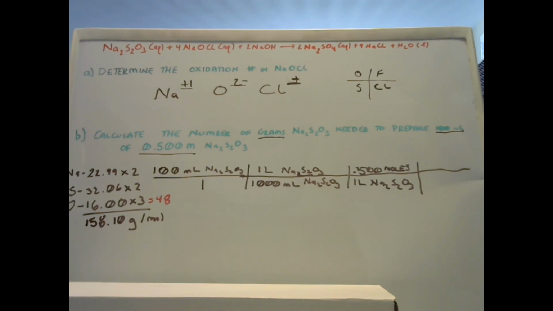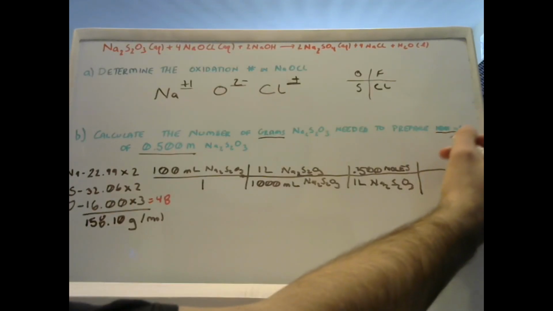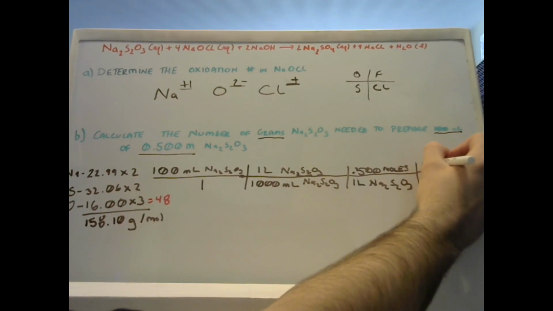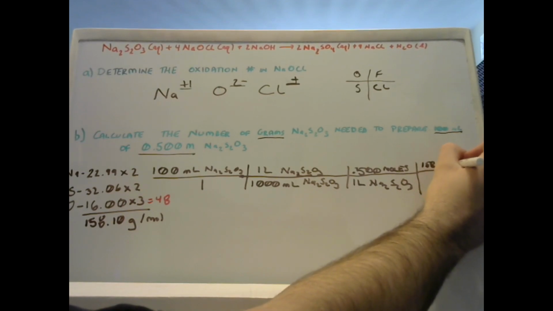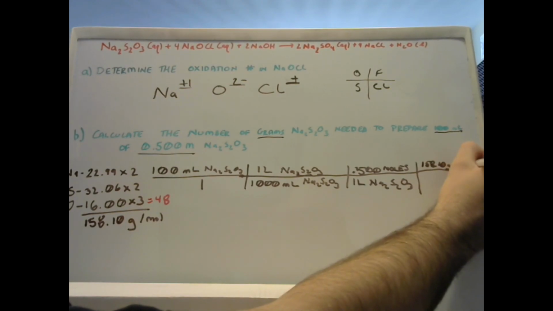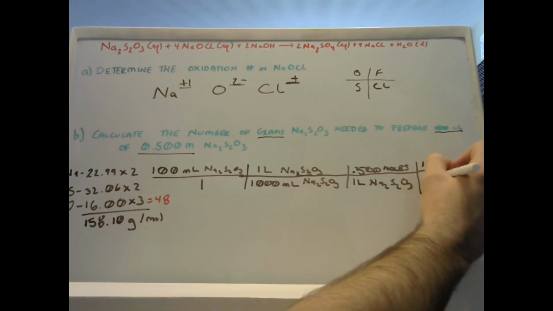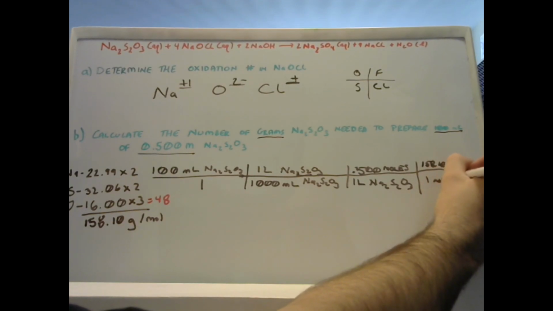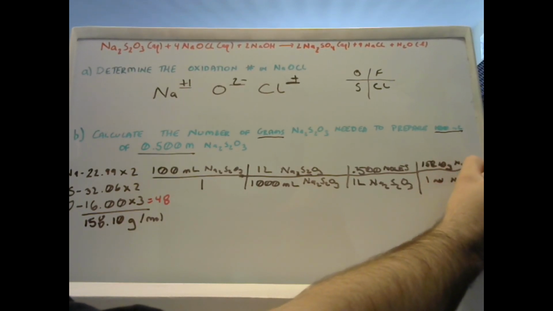Provided you get this number, all you need to do is plug it in over here. 158.10 grams. Na2S2O3 is 1 mole, sodium thiosulfate.